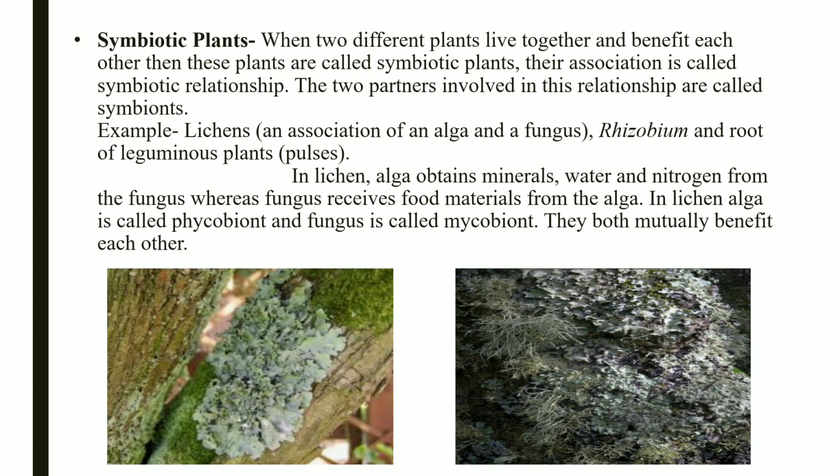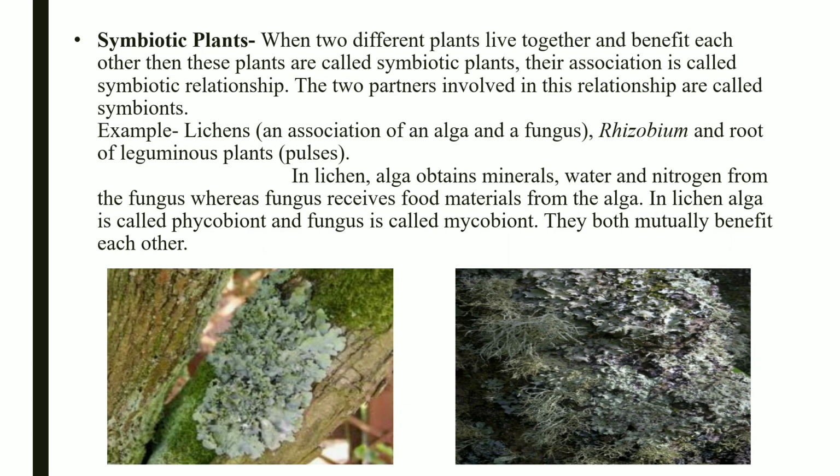Alga are photosynthetic. They have chlorophyll. They can do photosynthesis and make their own food. So both live together and help each other. Alga obtains water and minerals from the fungus, and fungus gets food from alga. So both partners are mutually benefited. This is the example of lichen.